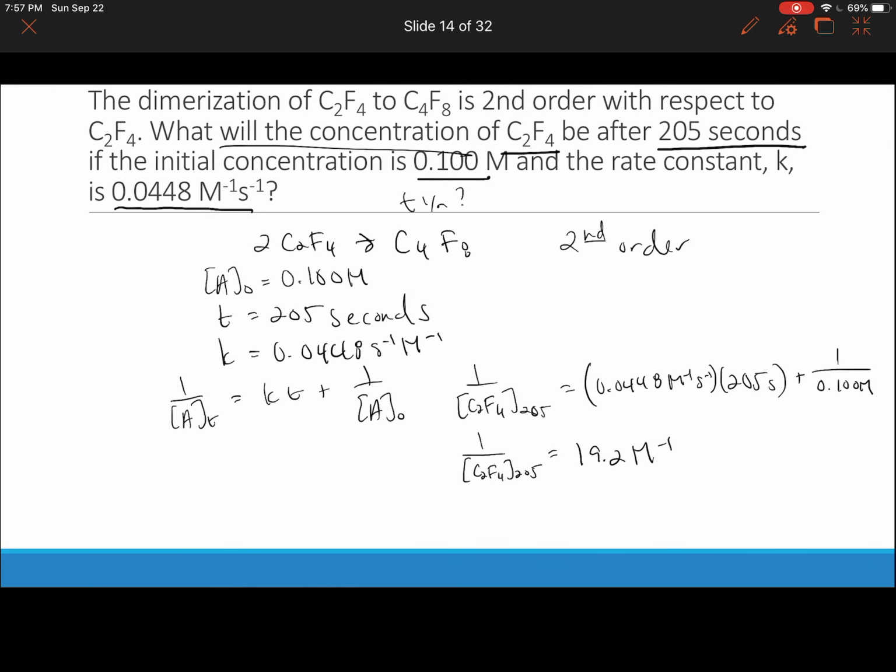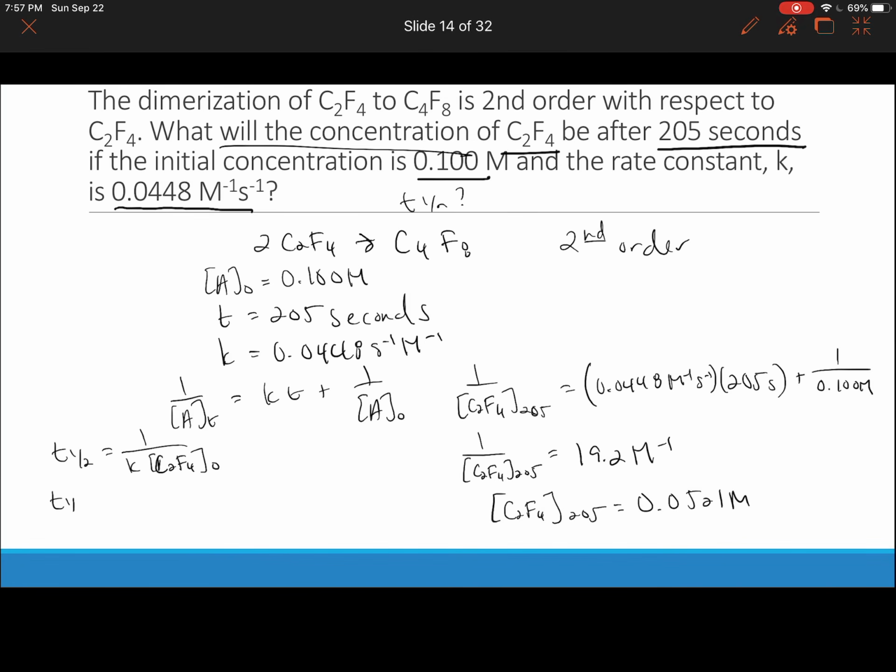And then we can solve for our C2F4 concentration after 205 seconds. That is 0.0521 molar. We can also, as I said, take this and solve for our T1/2 using T1/2 is equal to 1 over k times C2F4 naught.